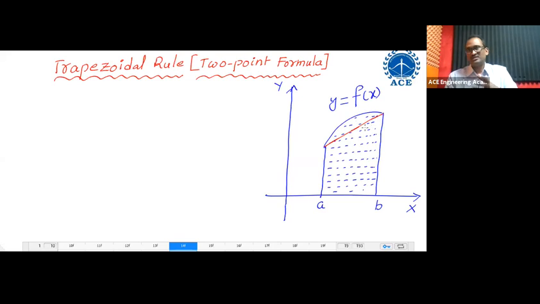We know the area of the trapezium formula. That's why this rule is called the trapezoidal rule: the curve is replaced by a straight line, then the area under the straight line looks like a trapezium.